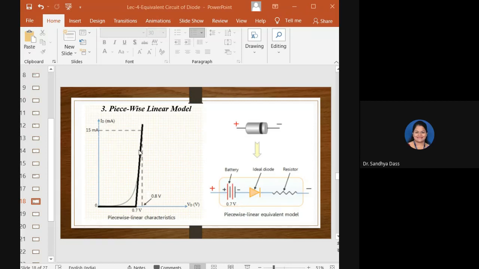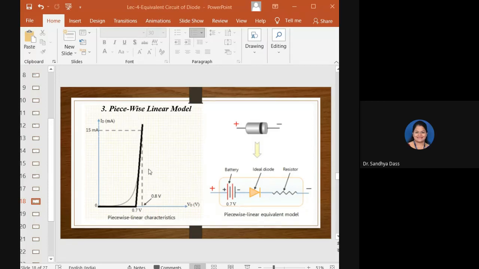So we add a resistor in the diode model: the ideal diode, its equivalent source, along with the dynamic resistance. If all are indicated in the circuit, that becomes the piecewise linear equivalent model.